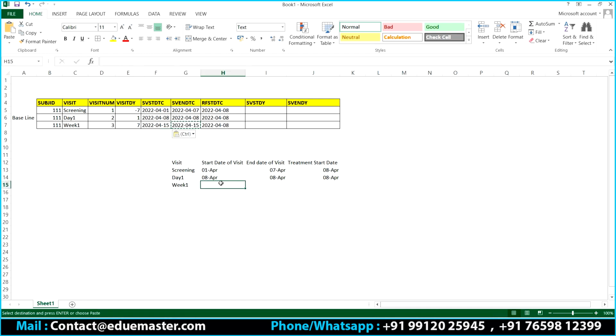This is for the follow-up. So the patient visited the hospital again by 15th April. It is just a follow-up. He left the hospital again by 15th April. But the treatment start date remains 8th April. No changes in that. First of all, these 4 values, all of you are able to follow?